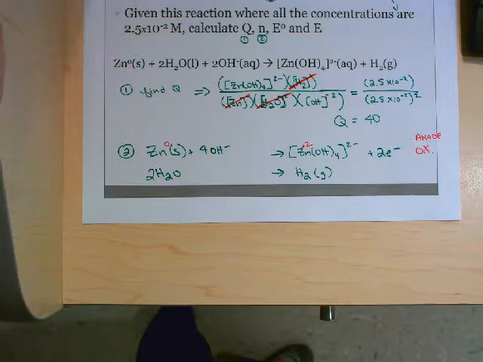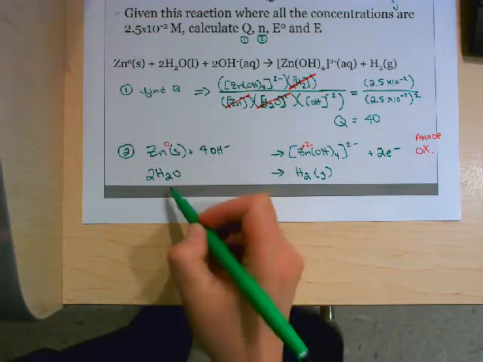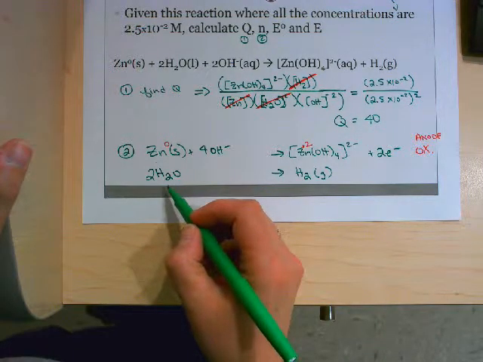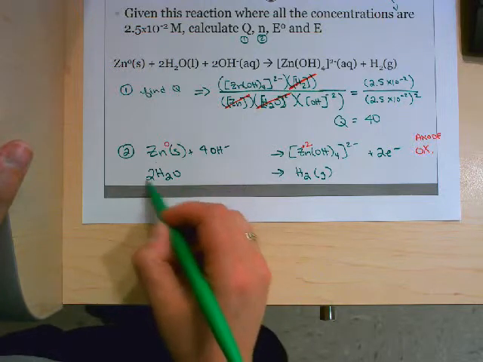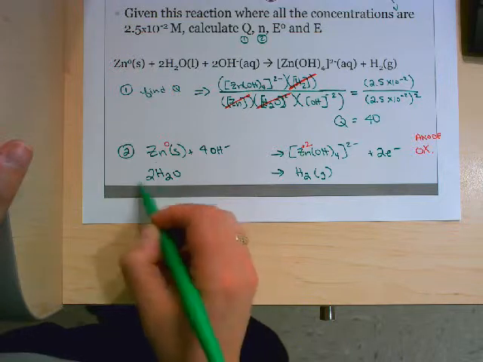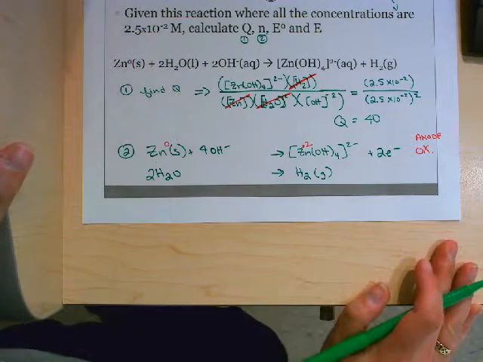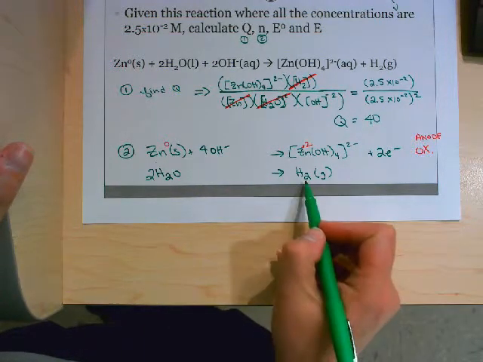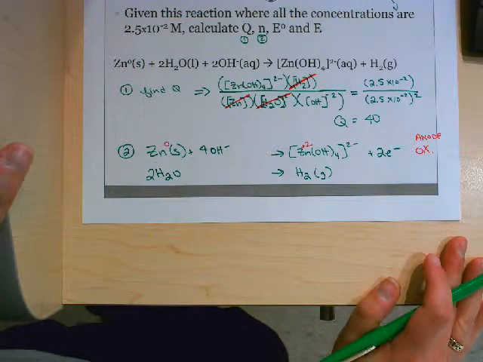So what should I use to finish balancing this? H pluses or OH minuses? OH minuses. So if I do that, right, over here I have 4 H's, and 2 O's. Over here I've used up 2 of my H's. What do I have left?